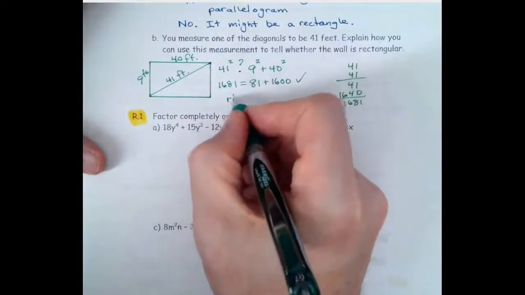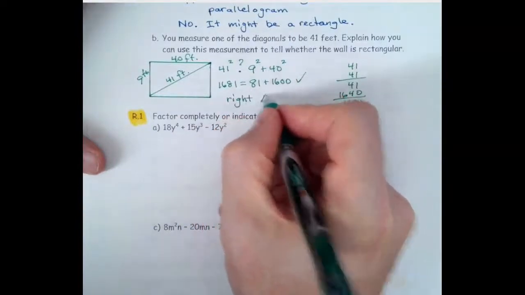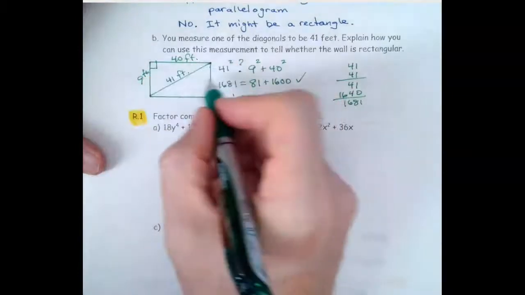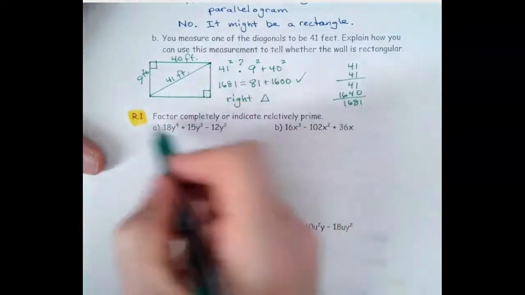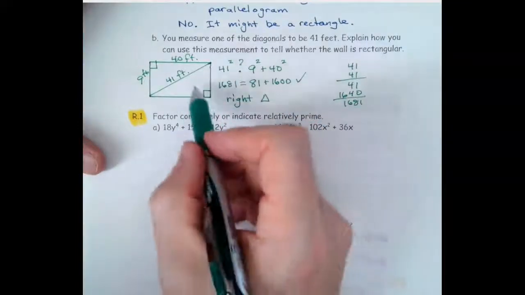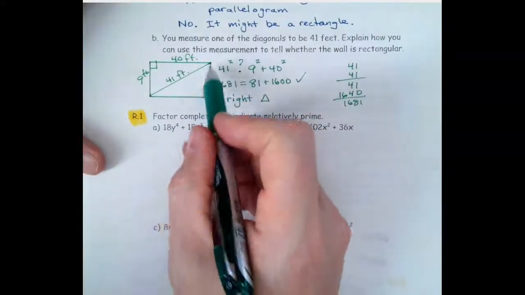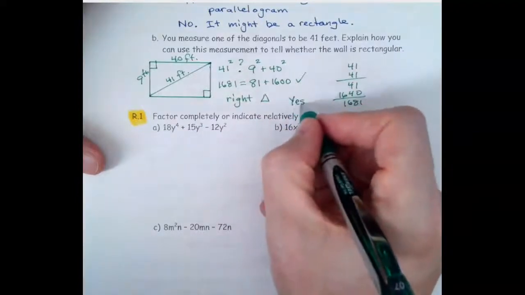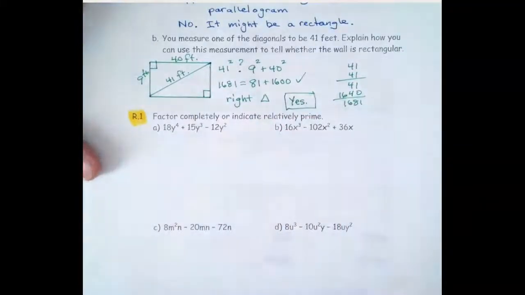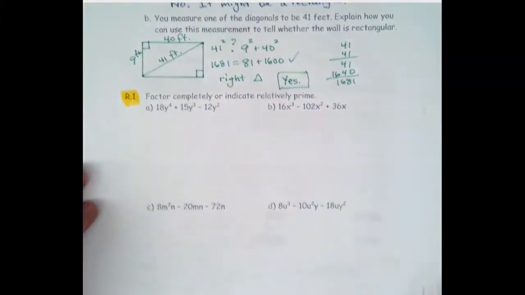So we have a right triangle, and this is 9 and 40 also, which is going to make that a right triangle, which will make that a right angle. So these are all right angles. So yes, that will be enough to prove that we have a rectangle. Okay?